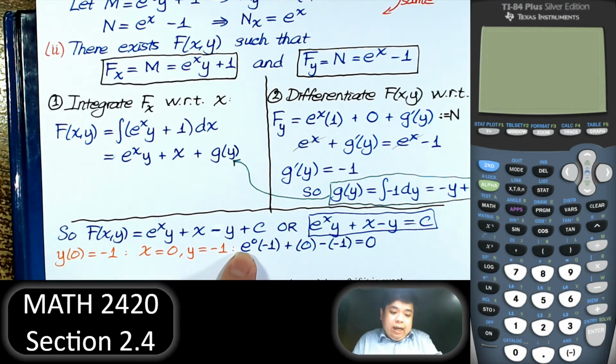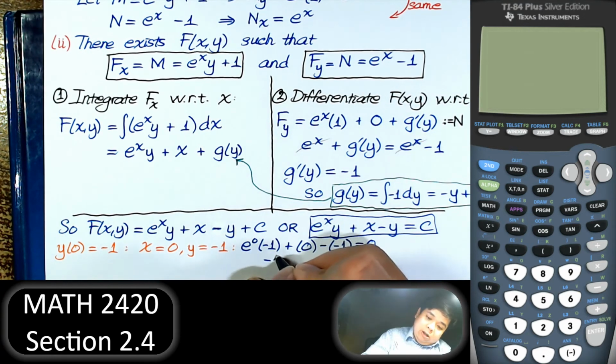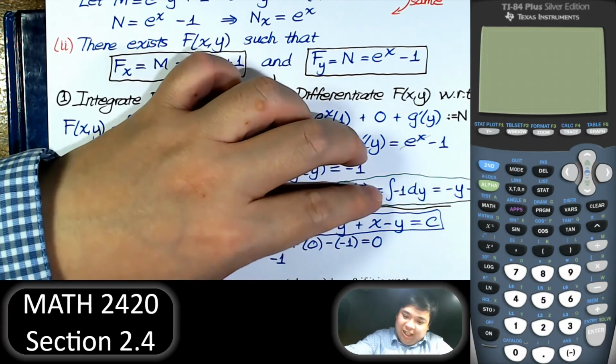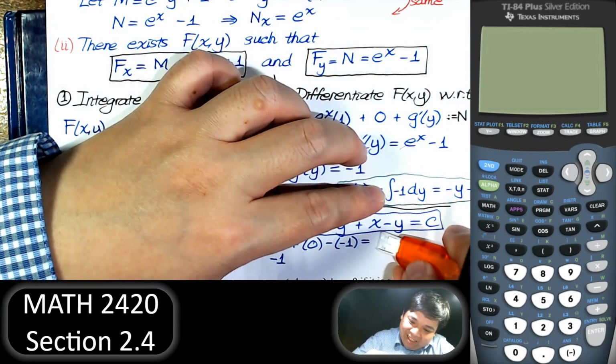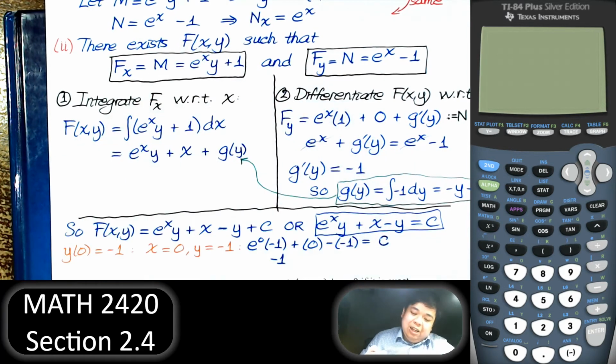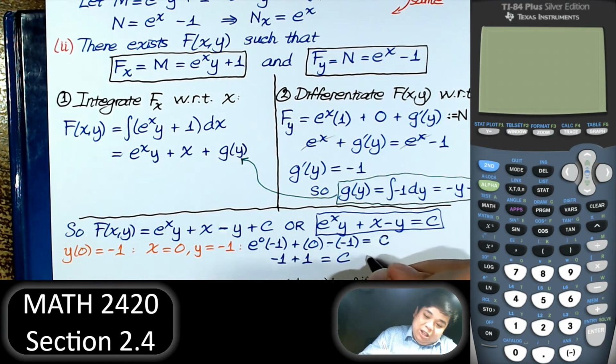So e to the 0 power is 1 times negative 1 is negative 1. So negative 1 minus negative, plus 1 equal to c. So c is equal to 0.